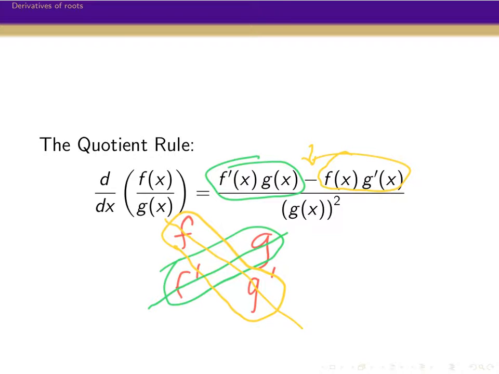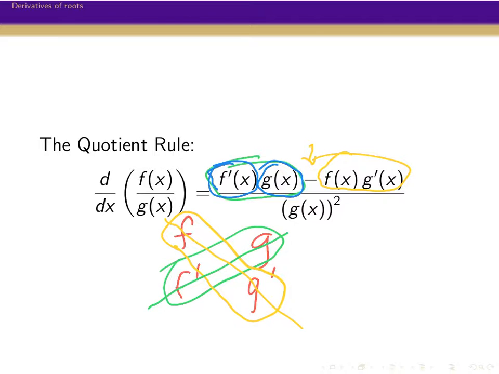There's a lot of common mnemonics that people use. One that I've heard the most is that the quotient rule is high d low minus low d high over low squared. And so if you think about this, low is g of x, d high is the derivative of f.